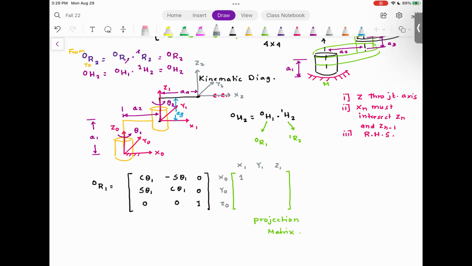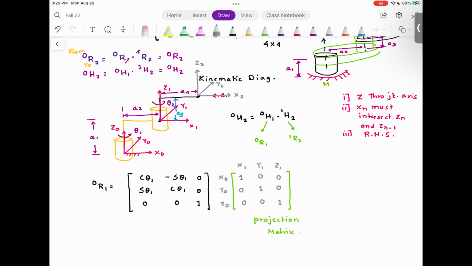So this is 1, 0, 0. y1 has no relationship whatsoever with x0, and z1 has no relationship with x0. If you look at y1, it is aligned with y0, and z1 is not aligned with y0. So you have 0, 0, 1. Do you agree with me?